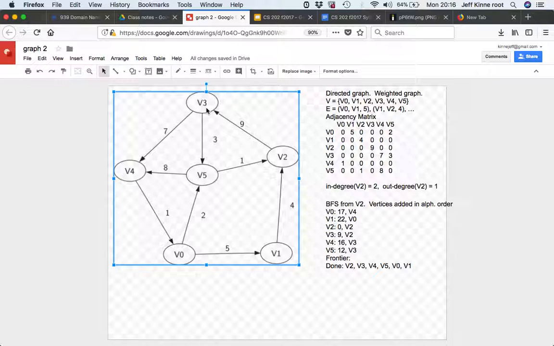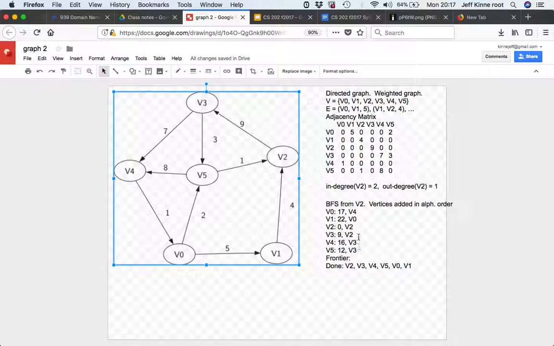That's the only edge coming out. And then from V3, you would go to V4 and V5. From V4, you would go to V0. And from V0, you would go to V1. And if we're taking into account the edge weights when we're doing this breadth first search, then that would go into the distance here.